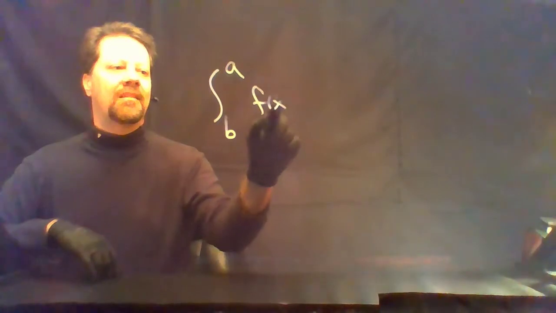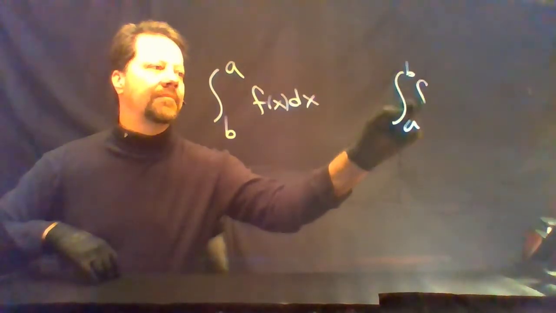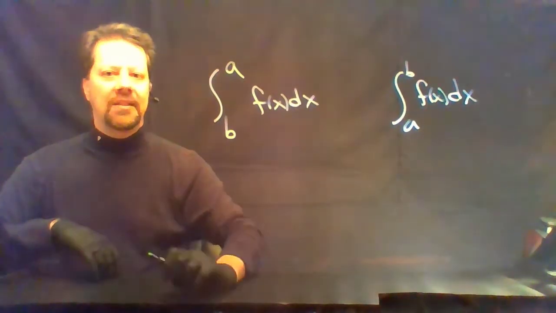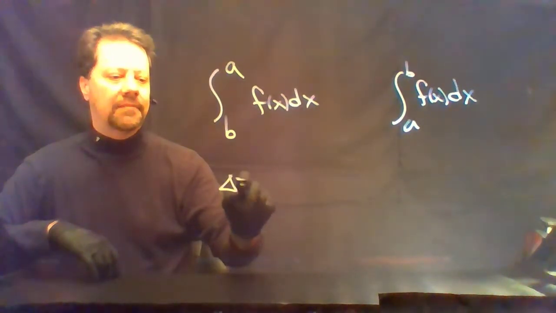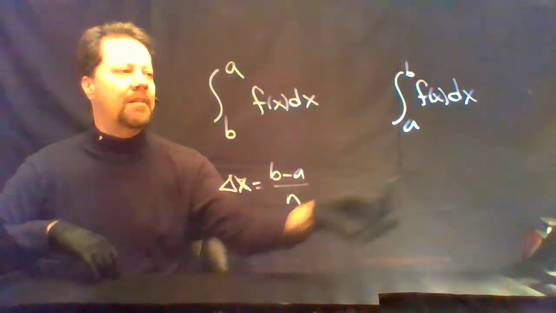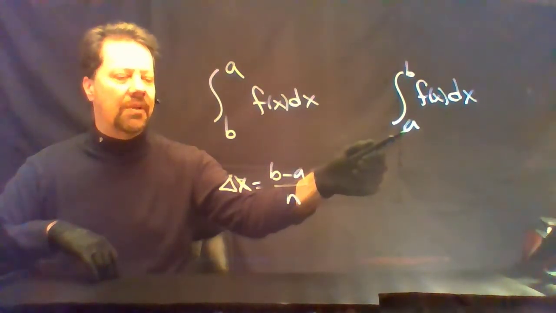How is the integral from b to a of f of x going to be related to the integral from a to b? Notice that our delta x's were calculated as b minus a over n, but we were assuming b was at the upper limit of integration and a was the lower.